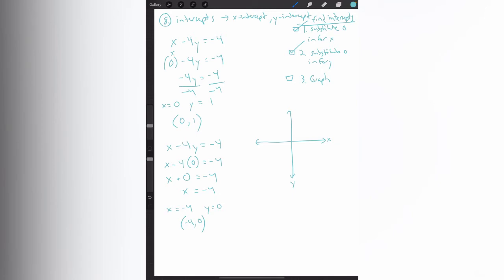All right, so my 2 points were (0, 1). Notice that's where it crosses the y-axis. So I'll say (0, 1). Then I had negative 4, 1, 2, 3, 4, negative 4, 0. Okay, and I'm going to go ahead and draw the line that connects it.